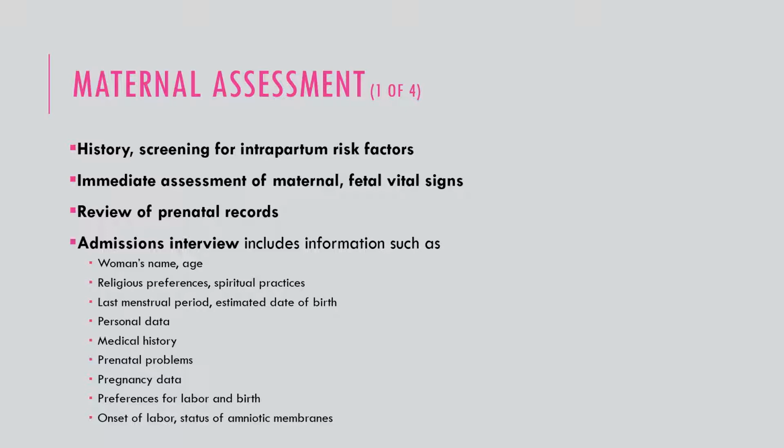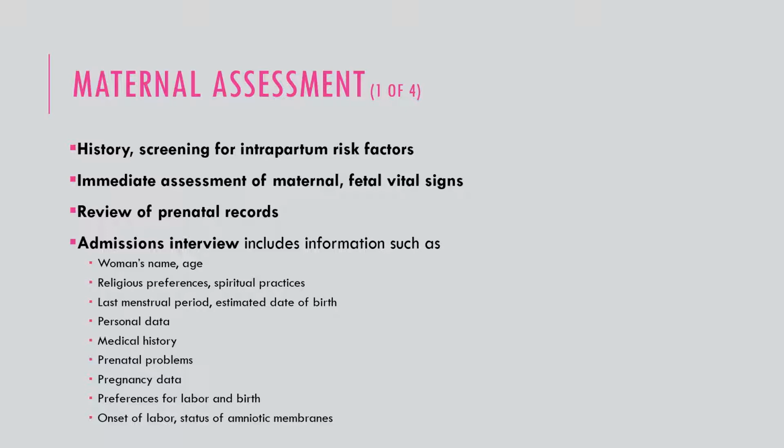From the first day of her last menstrual period, we can figure out Nagele's rule and get an estimated date of birth so we know whether or not this mom is preterm, is she term, what's her gestation. We talk about personal history, medical problems that she might have, past surgeries that she might have had. All that's very important whenever somebody is going through the labor process.